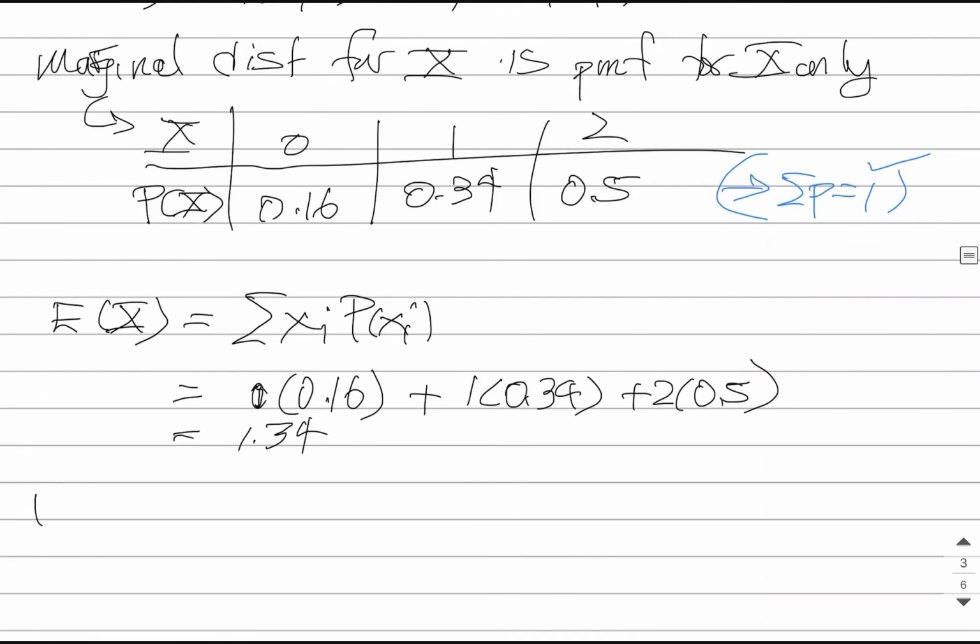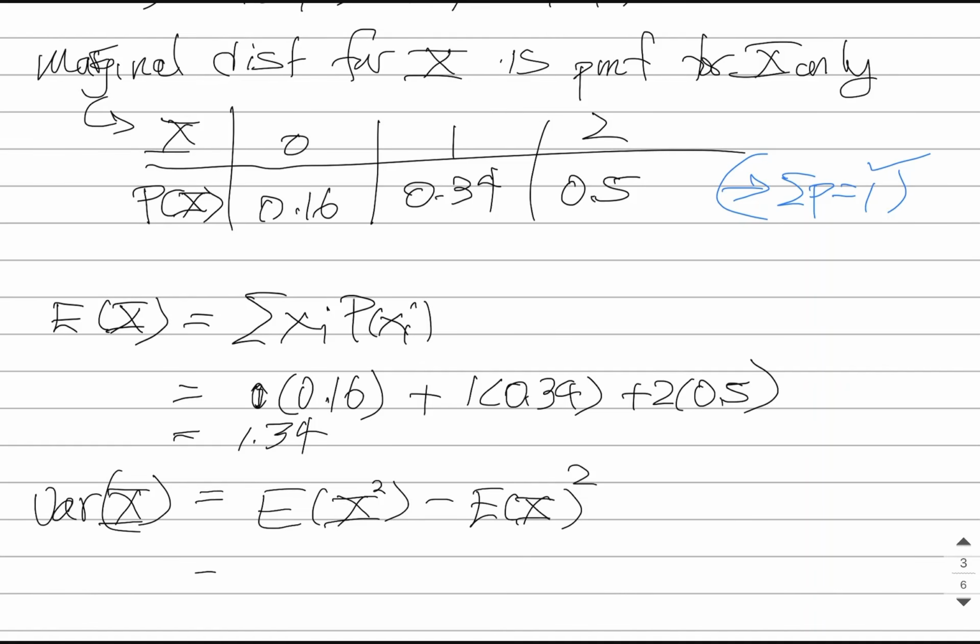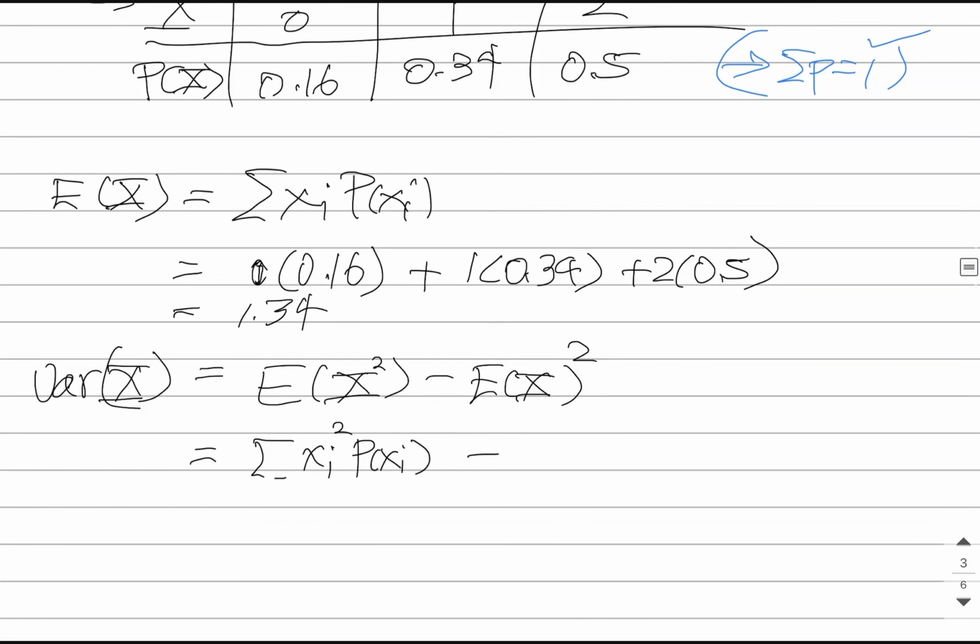And very similarly, if you're interested in the variance, it would be the expected value of x squared minus the expectation all squared. So in this case, it would be a summation of all the x_i squareds times the probabilities. In this example, we would have 1.34 being squared.